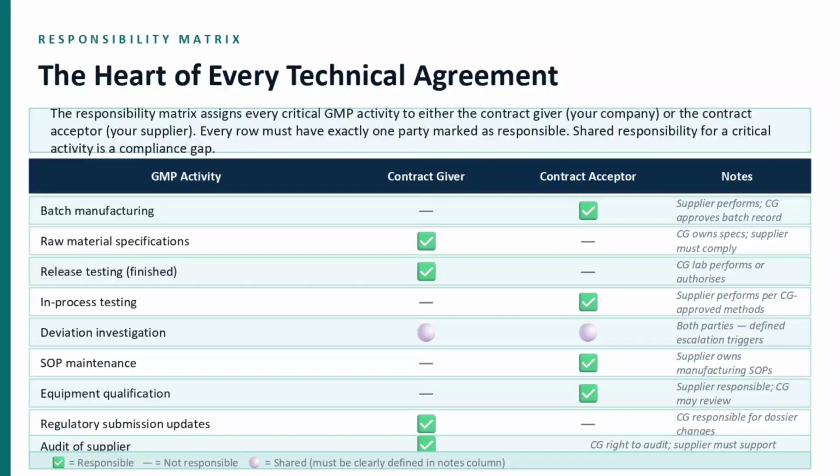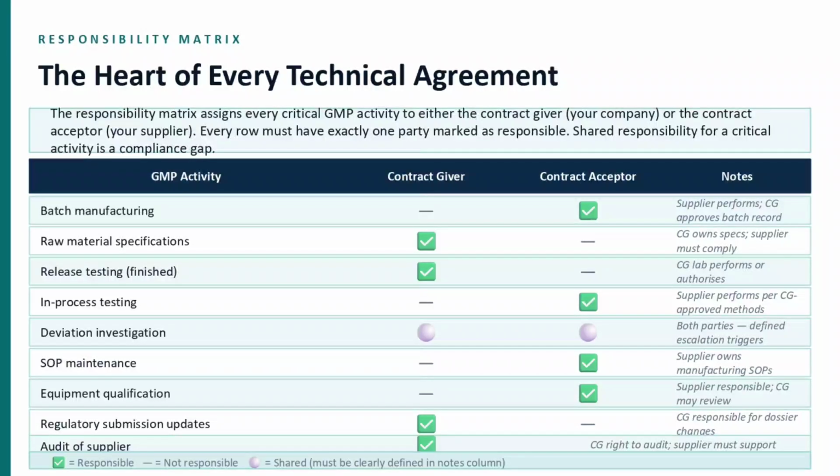Equipment qualification. The supplier is responsible. The contract giver may have the right to review and approve the qualification documentation. Regulatory submission updates. The contract giver is always responsible for their own regulatory dossier and audit rights. The contract giver performs the audit. The supplier must support and facilitate it.